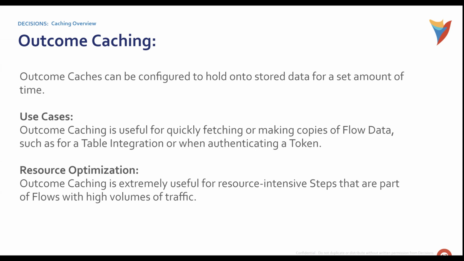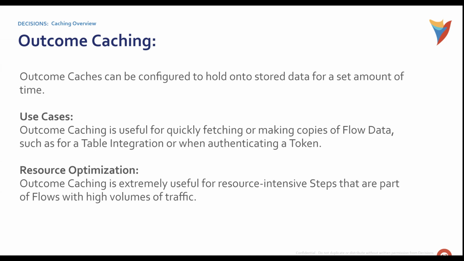Outcome caching is particularly useful for users that may need to quickly fetch or make copies of flow data easily accessible for scenarios or use cases like table integration or authenticating a token.